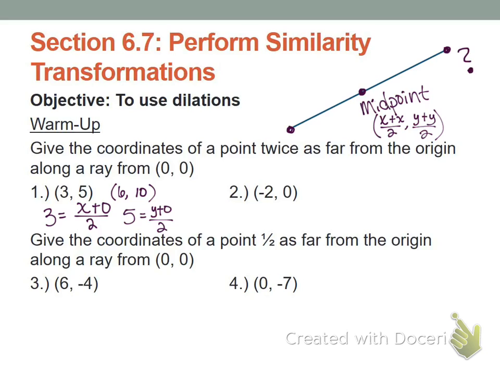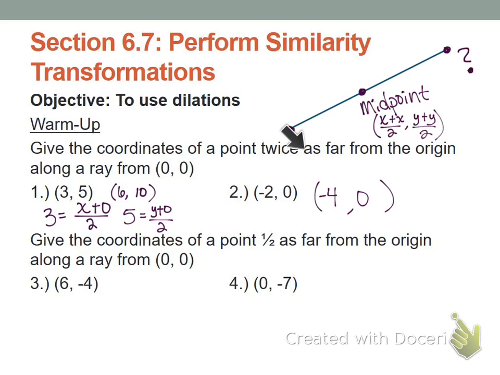Now, with that as an example, you should be able to do number 2 without having to write all that out. What would the coordinates be of a point twice as far away? -4, 0. Essentially, what did we do to 3 to make it 6?